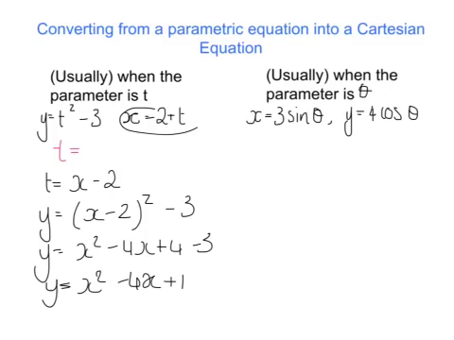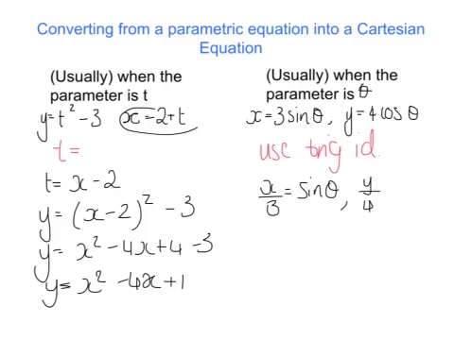When you have the parameter of theta, normally you need to use a trig identity. So something like the fact that sine squared plus cos squared is 1, and that will help you merge these two parametric equations back into one Cartesian equation. So, for instance, in this example, x divided by 3 is sine theta, and y divided by 4 is cos theta.